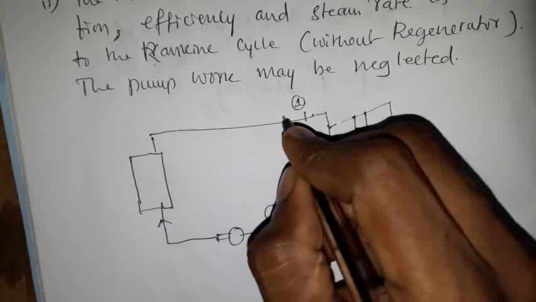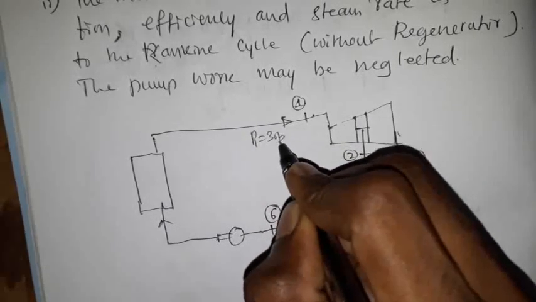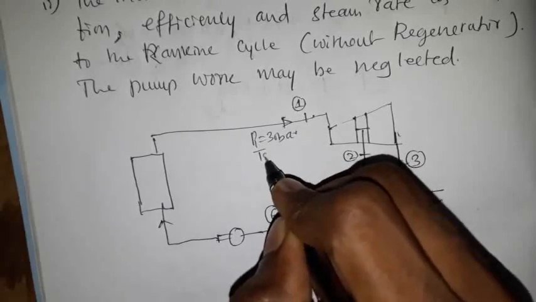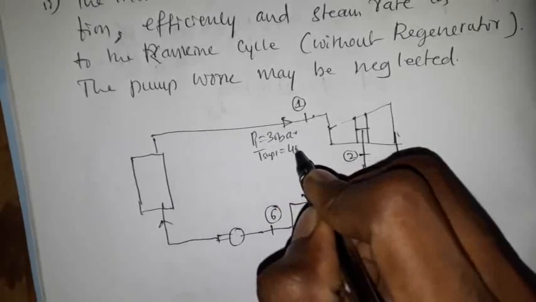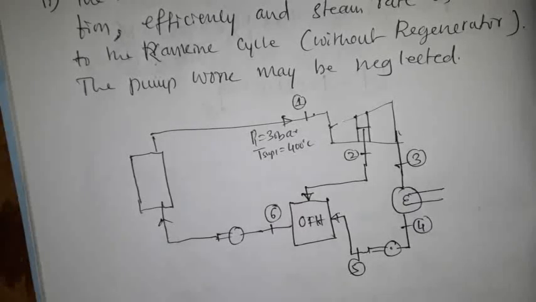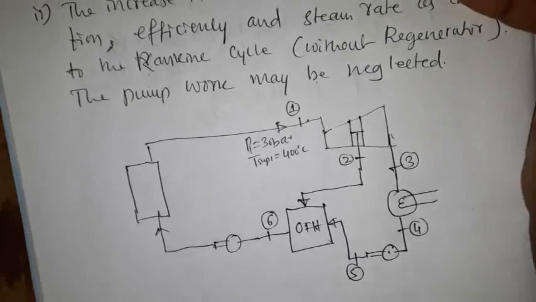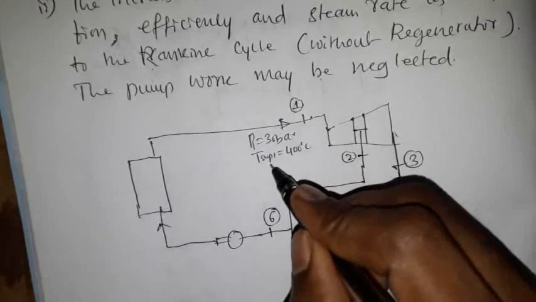So here he has given the conditions, that is P1 is equal to 30 bar and T superheat 1 equal to 400 degrees Celsius. So 400 degrees Celsius is a superheat temperature at 30 bar. How do we determine this as superheat?